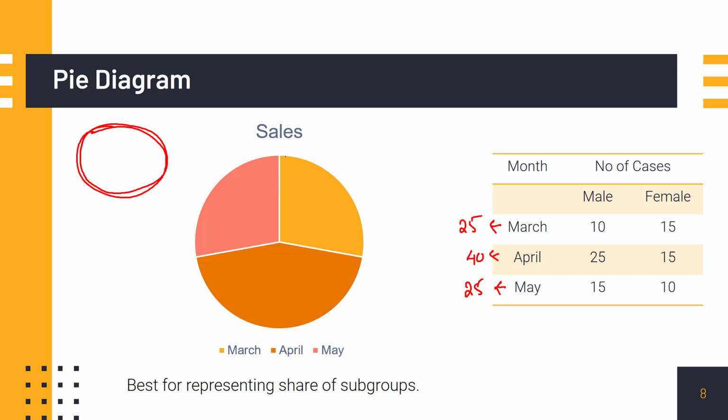So we have divided the entire region, or the entire area of the circle, according to these values: 25, 25, 40, right? This is 25, this is 25.